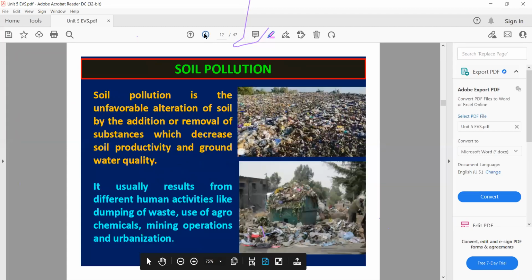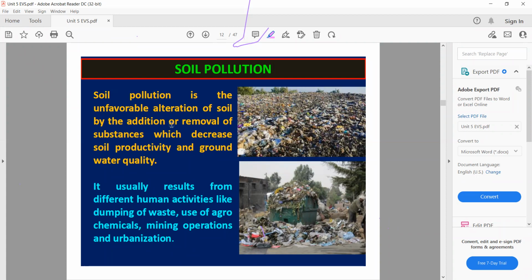Right, next we come to soil pollution. Oh my God, just have a look at this picture to the right. What is this? Soil pollution is defined as the alteration of natural soil properties, its fertility, everything.